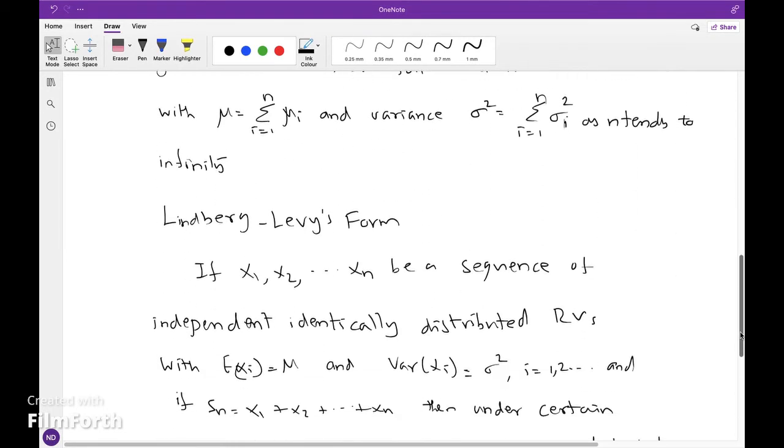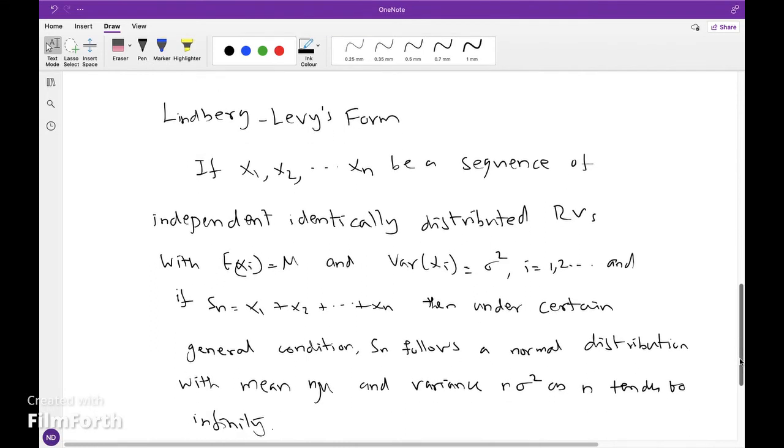Then the Lindeberg-Levy form: if X1, X2, etc., Xn is a sequence of independent identically distributed random variables with E of Xi equal to mu and variance of Xi equal to sigma squared, where i is equal to 1 to n, and Sn is X1 plus X2 plus etc. plus Xn, then under certain general conditions, Sn follows a normal distribution with mean n mu and variance n sigma squared as n tends to infinity.